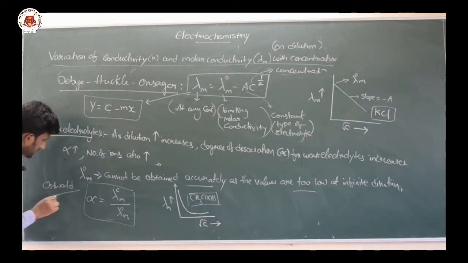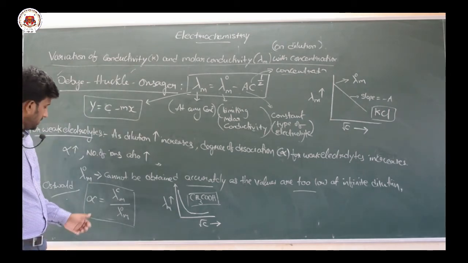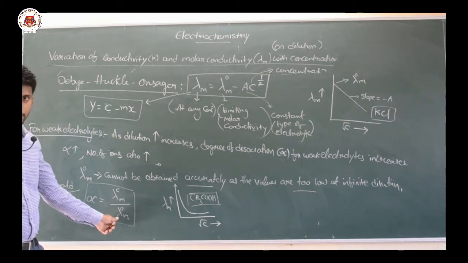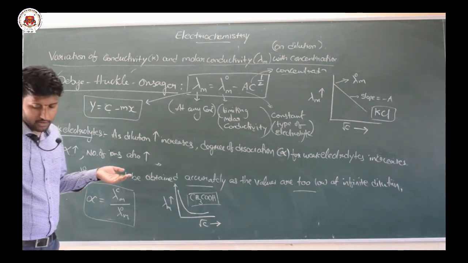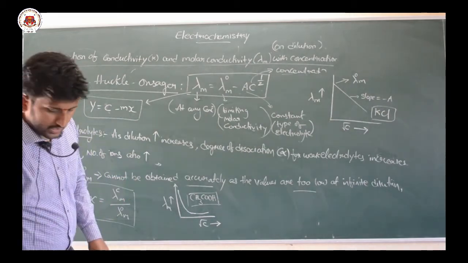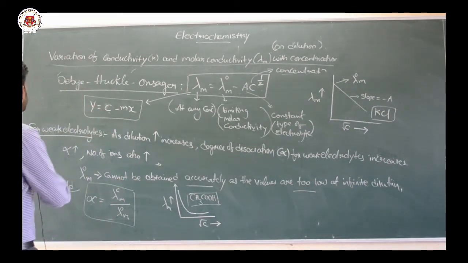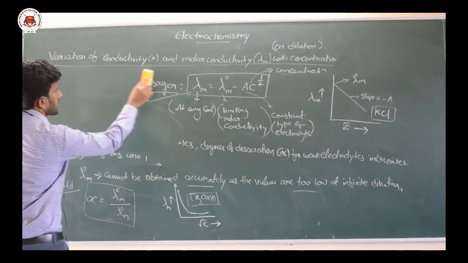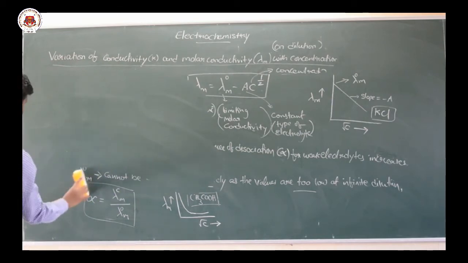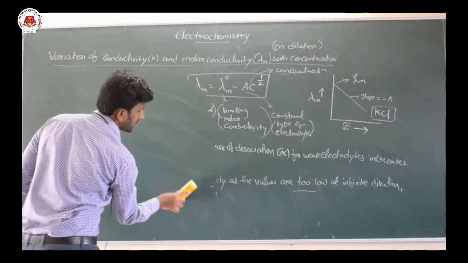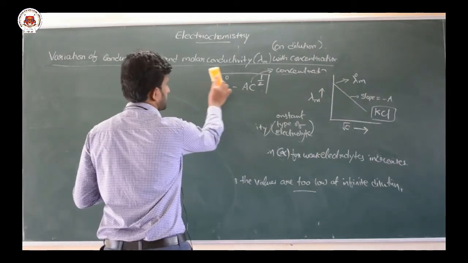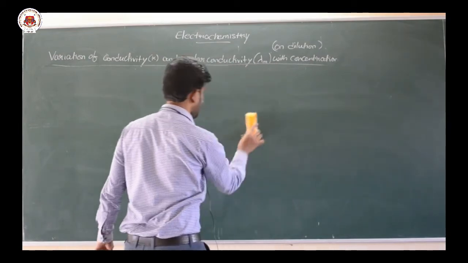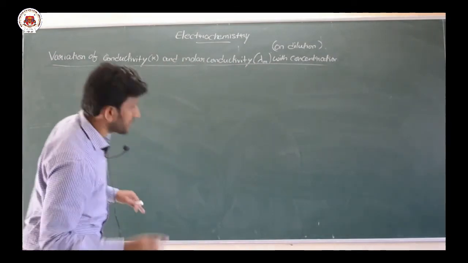By using this law, you can calculate the degree of dissociation and also lambda naught m, in combination with another law called Kohlrausch law. Kohlrausch law is also helpful for calculating lambda naught m values for weak electrolytes.